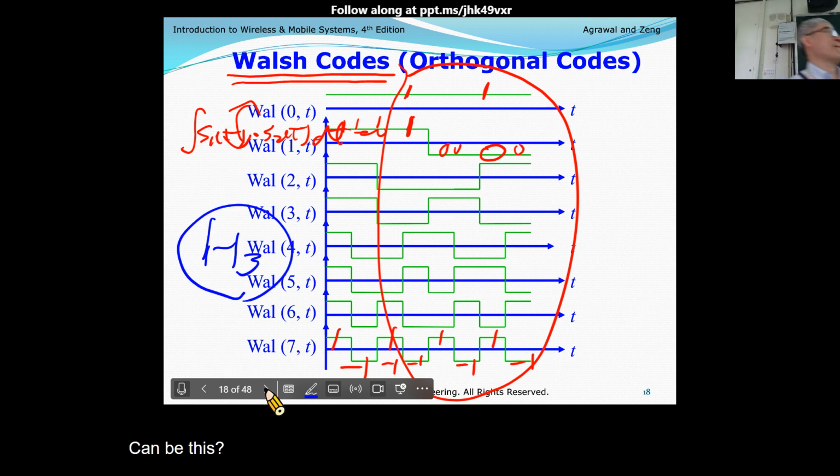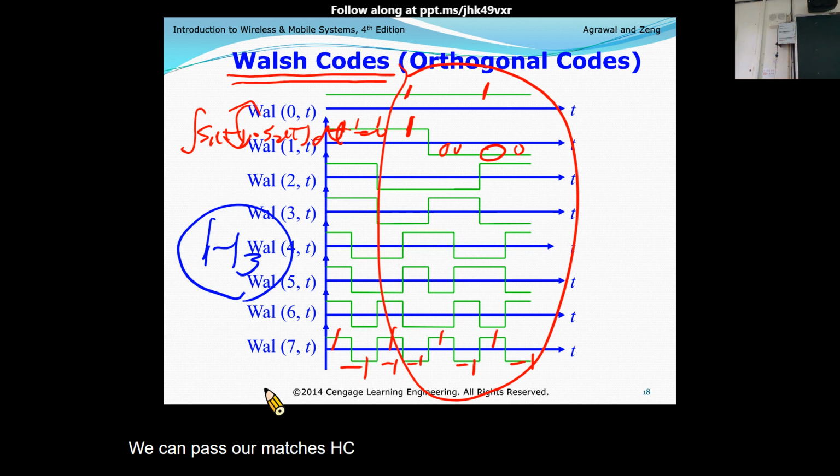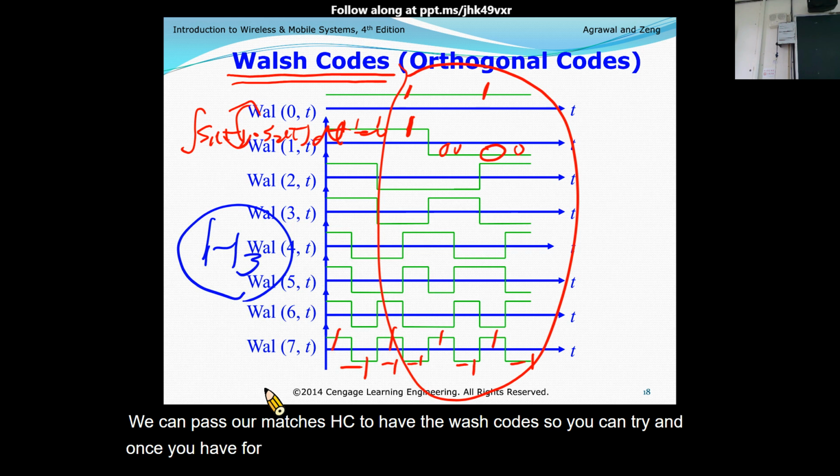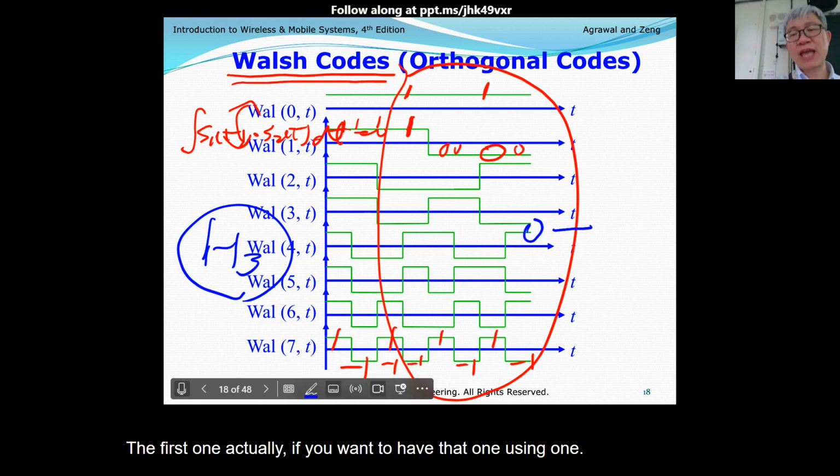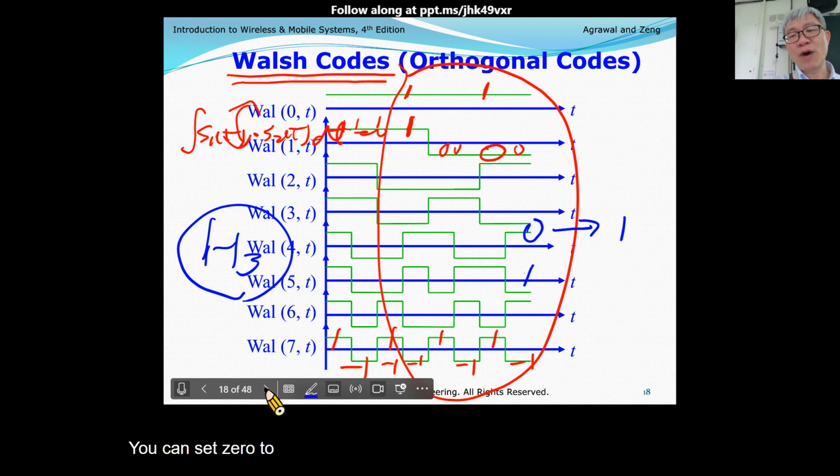Based on matrix H3, we can have the Walsh codes. So you can try. If you want to have that one using 1, you can set 0 to level 1, 1 to level -1, and then it will be easier to get the waveform.